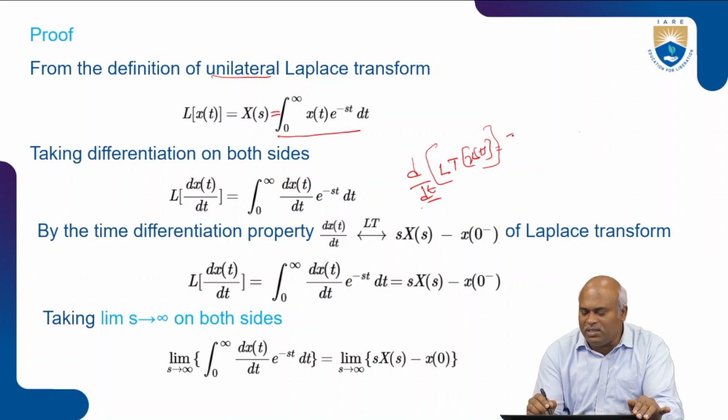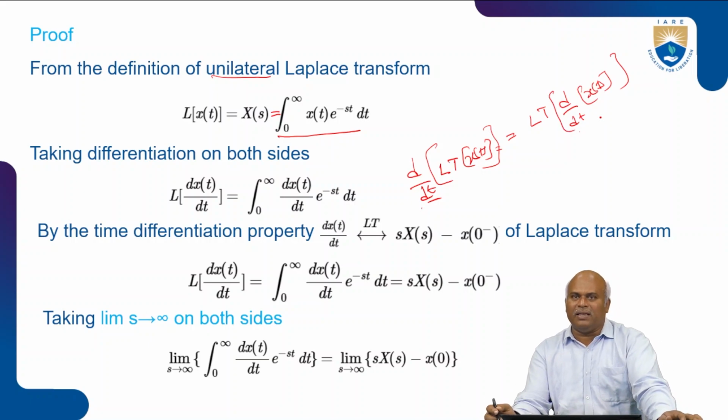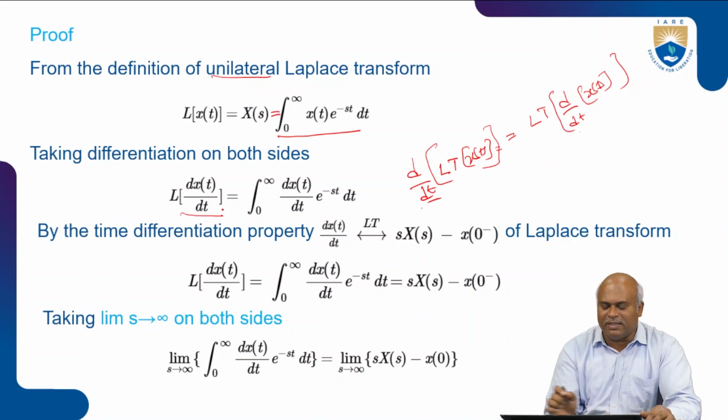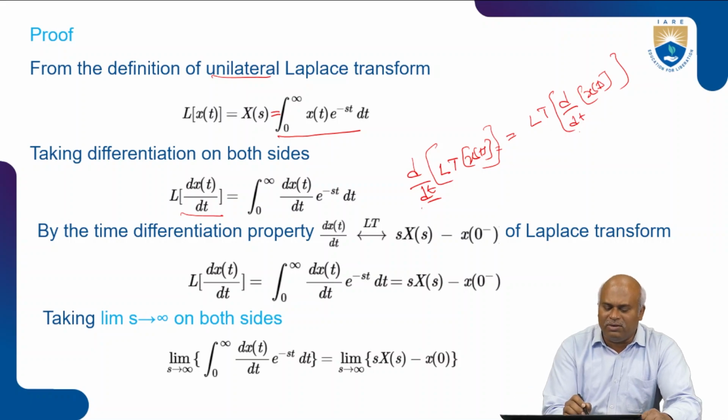So now I take the Laplace transform of d by dt of x of t, in brackets. That becomes the integration from 0 to infinity of d by dt of x of t, e power minus st dt.